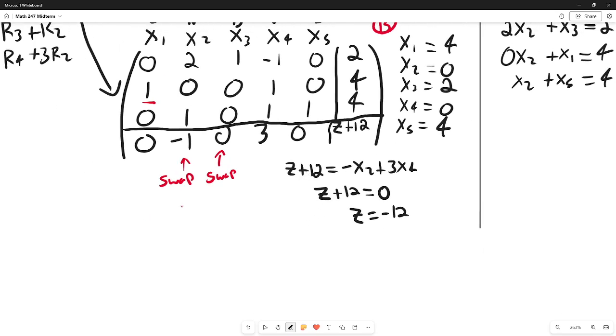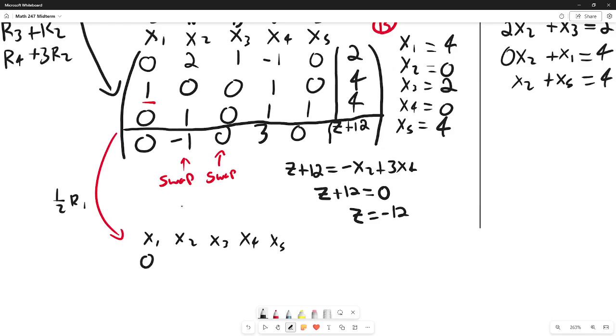So I'm going to draw a line. We're going to get x1, x2, x3, x4, x5. And we're going to do 1/2 R1. It's going to give us 0, 1, 1 over 2, negative 1 over 2, 0, 1.